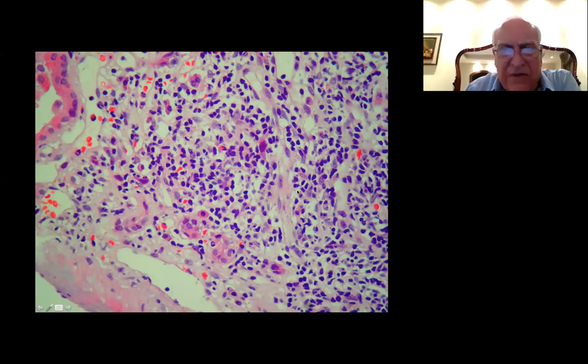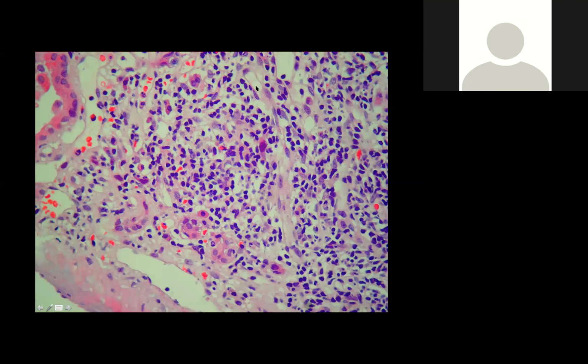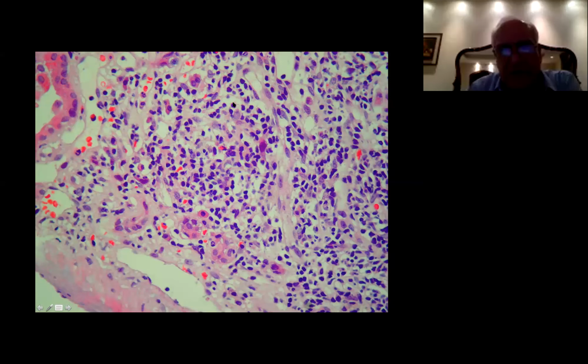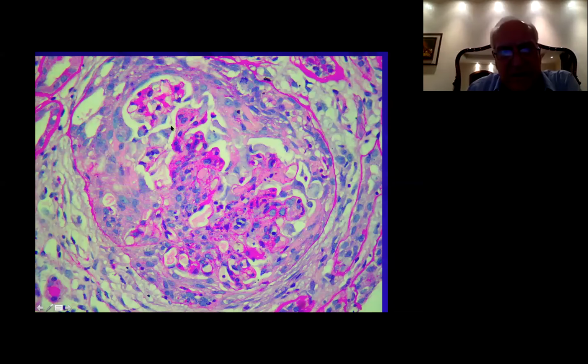And this is under PAS stain, as you'll see, this glomerulus is with circumferential, almost crescent formation. Again, that's a crescent.